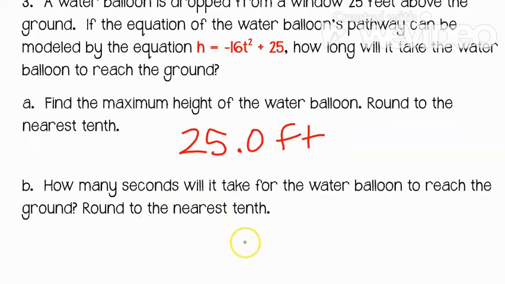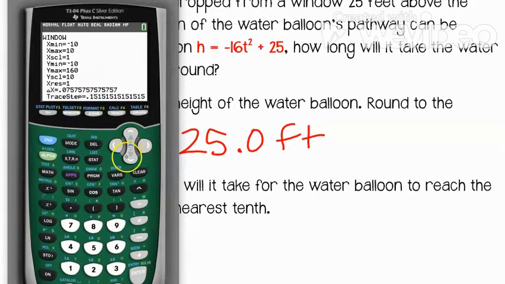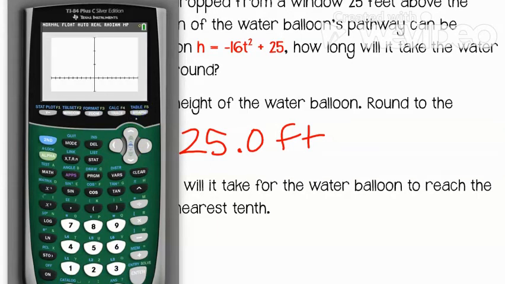How many seconds will it take for the water balloon to reach the ground? Well, I didn't change my scale here. I certainly could do that. But you're going to press second, trace, and then press number 2, which is the 0 calculation. Second, trace. Oh, I think it's still graphing.